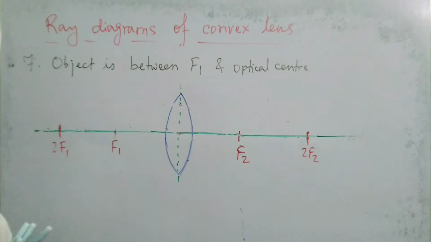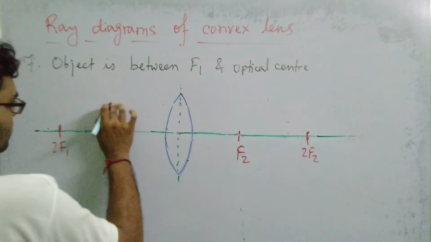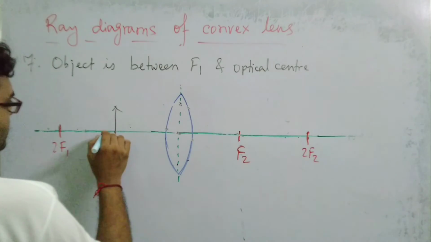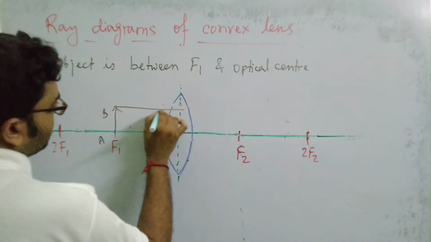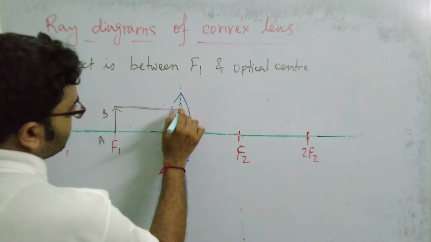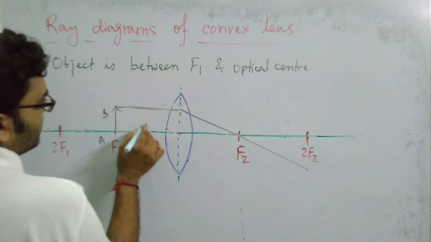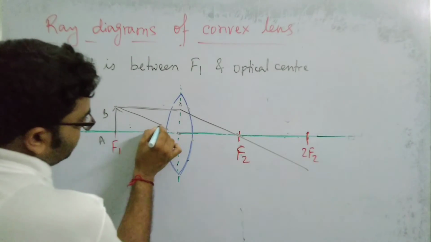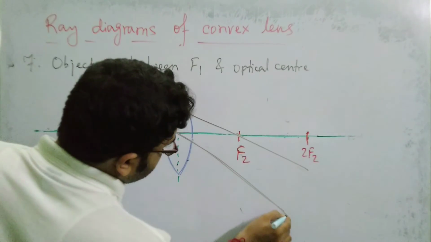So when the object is at f1, what happens? When the object is at f1, so here the object is like this, AB. The ray will be diverted like this. Okay, another ray will be diverted like this. Okay, it will be tilted a bit.